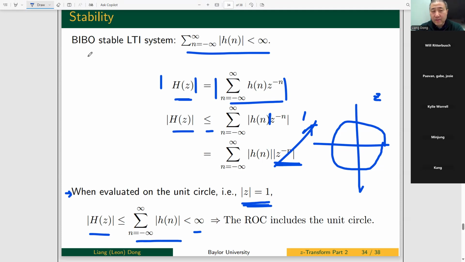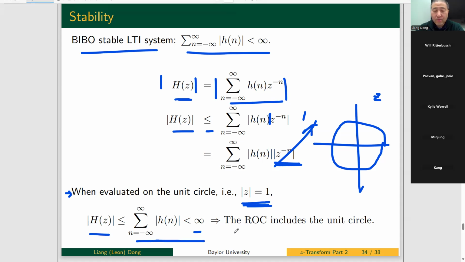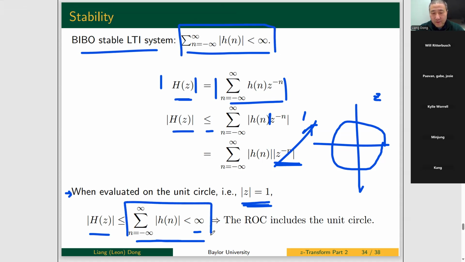So if my system is BIBO stable, that means the region of convergence includes the unit circle, right? Is this logic satisfied? Well, if I have a BIBO system, this is true. Then I check my Z transform of H(Z) on the unit circle.